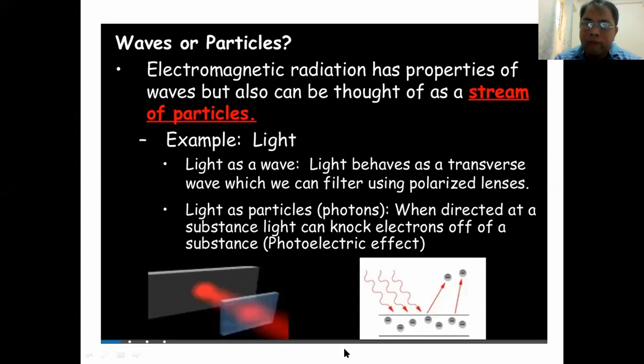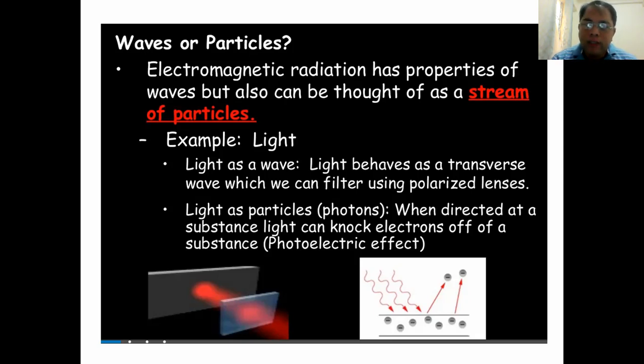So if you have a beam of light and you let it be concentrated on some kind of particles, like some electrons, then these particles of the wave can influence the electrons to travel in a different direction. And it can affect other very minute particles also. So they call it the photoelectric effect.